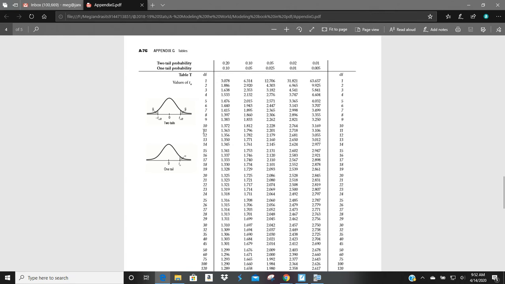Now, how are we going to use the degrees of freedom? We're going to be looking down. So for example, in the case of the 100 cows that we just looked at, if we were ultimately doing inference, a confidence interval or a test, we would then use the degrees of freedom to go down to 100 minus 1. Now on this page, they actually don't have 99.